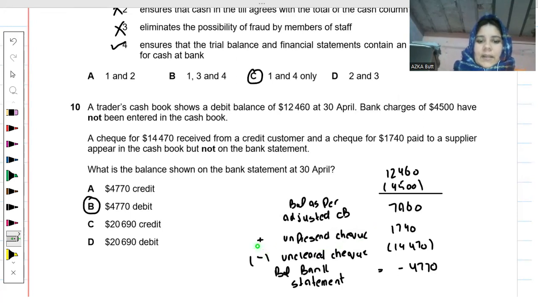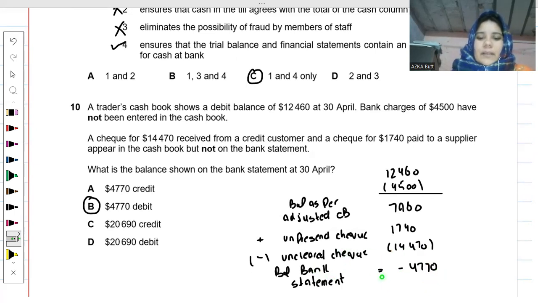Unpresented checks means that these are the checks which you recorded into your cash book, but this is not recorded in the bank statement. You know the basic formula of this, that is why we are adding the unpresented check and deducting the uncleared checks. So after that, we would have the bank statement, which is 4770 minus.